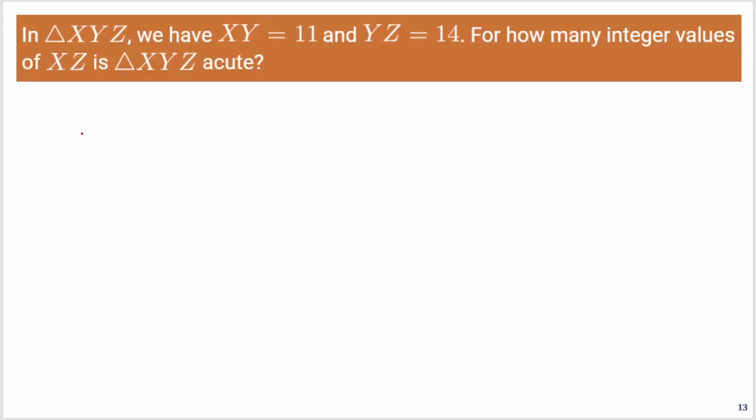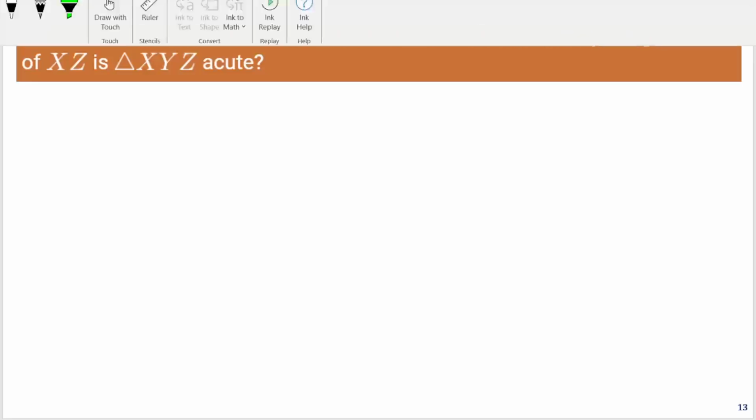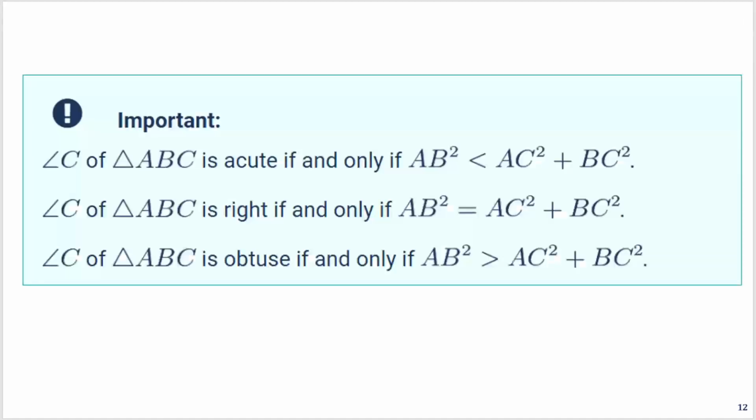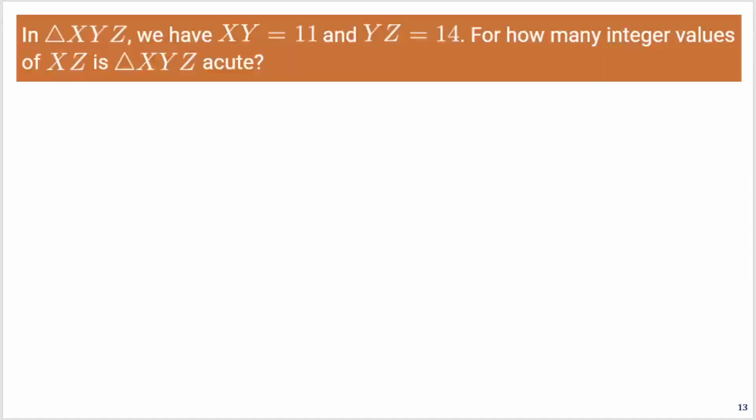All right, let's have a look at the solution together. In order for triangle XYZ to be acute, all three of its angles must be acute, right? So using the given side lengths and the inequalities here, we see that we must have 11 squared plus 14 squared larger than XZ squared, right?